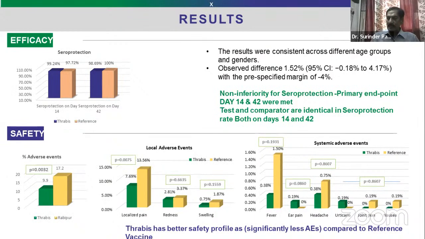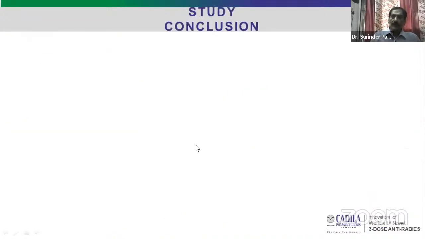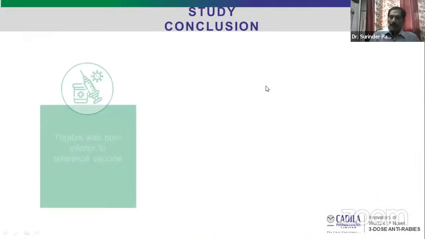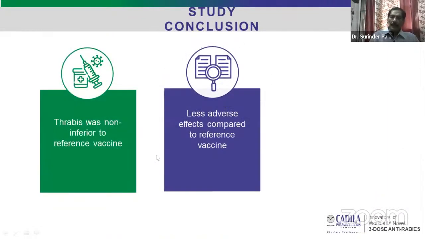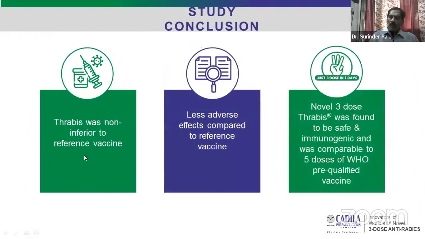So this was the point where rabies has the upper hand over these other cell culture vaccines, as this study shows. So what was the conclusion of this study? Rabies was non-inferior to reference vaccine number 1. This is the main point here. We wanted to study fewer adverse effects compared to reference vaccine number 2 and number 3.